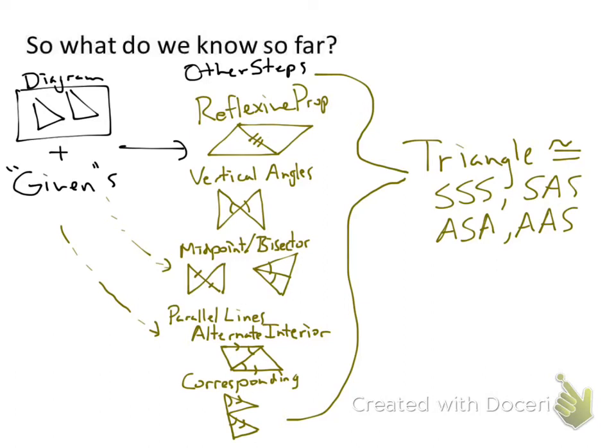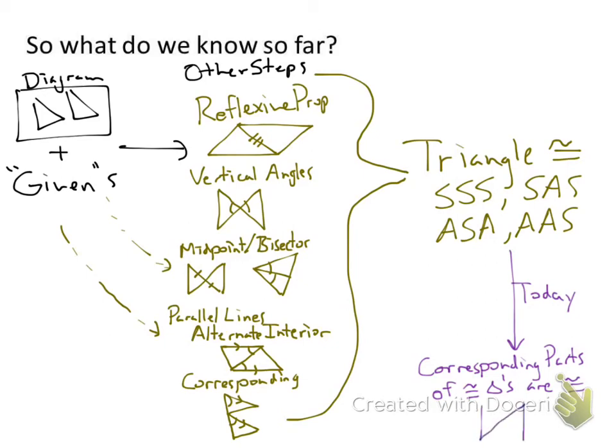The new part from today is that corresponding parts of congruent triangles are congruent, which means that if the two triangles are congruent, everything's congruent. Okay? All the markings are there.